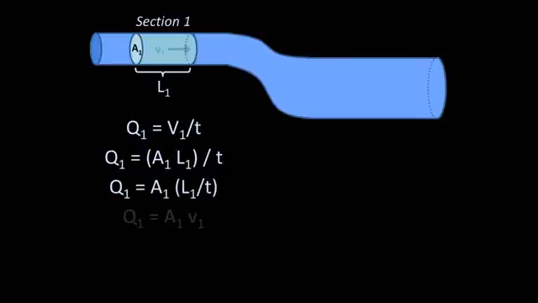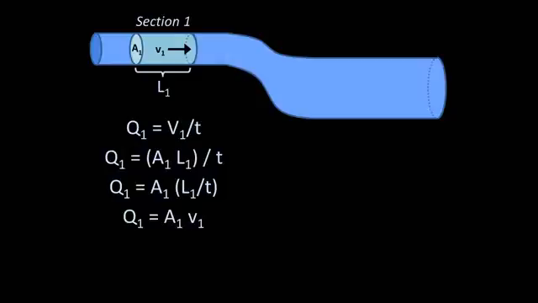We know that the volume of a cylinder is equal to the cross-sectional area times its height, or in this case, V1 equals A1 times L1. That seems straightforward enough, but look, we can group these a little differently, and length divided by time is a velocity. So the flow through section 1 is equal to the cross-sectional area of section 1 times the velocity of fluid moving through section 1.